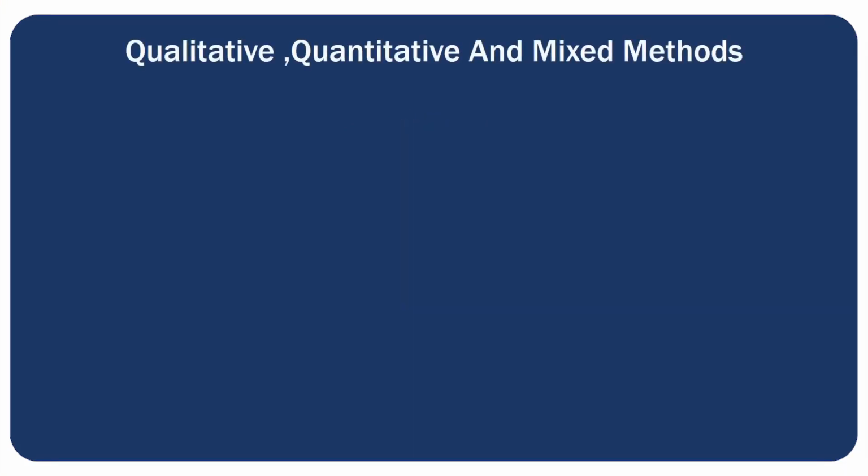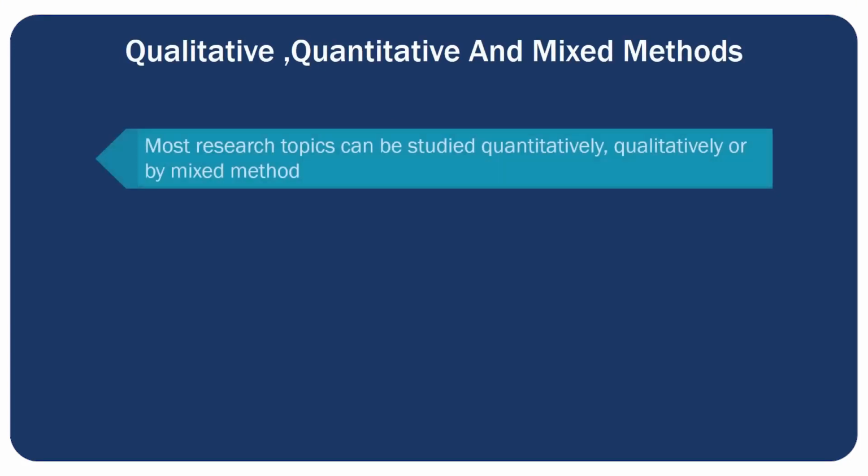So in this lecture, we are trying to understand the usefulness of these three methods and where they can be employed. Now let's see how these three have their niche in research.